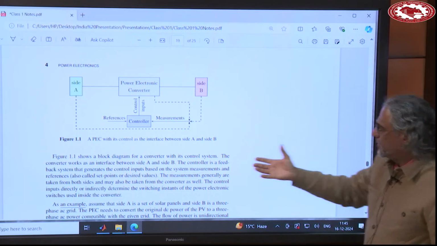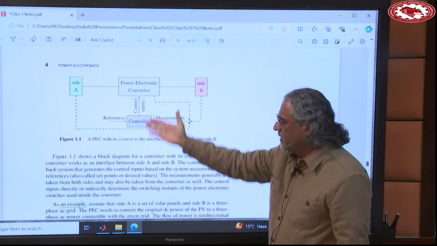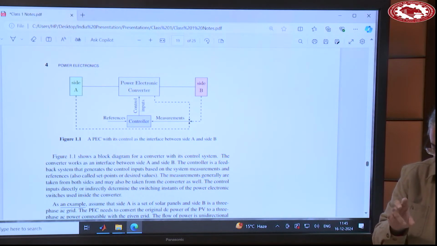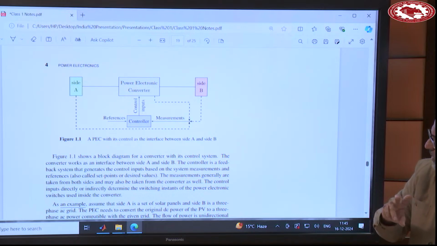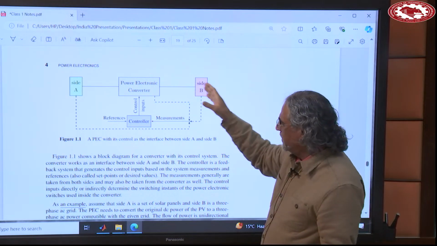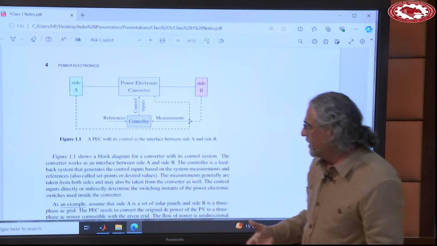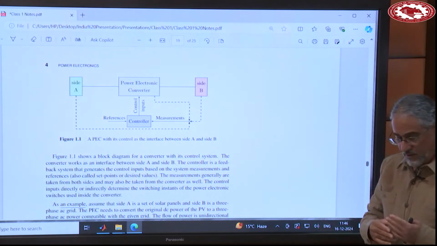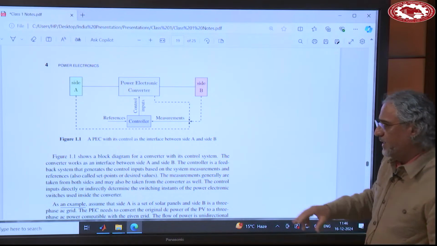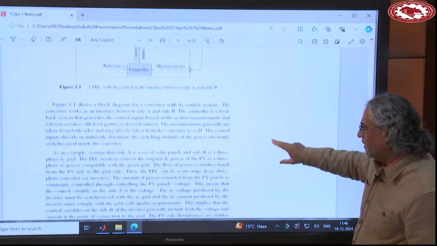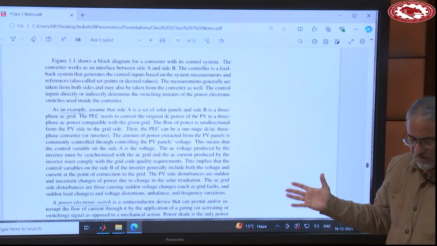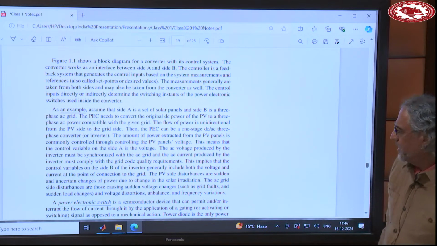And then there is a controller that specifies the times for each switch inside that converter to turn on and off. By turning the switches inside this converter on and off, the interface between these two is established, and that interface has to do two main jobs: conversion of the form and control of the flow. For example, side A could be a solar panel and side B could be the power grid, and different things.